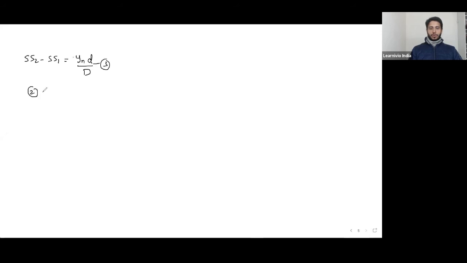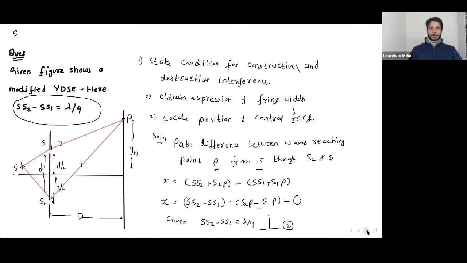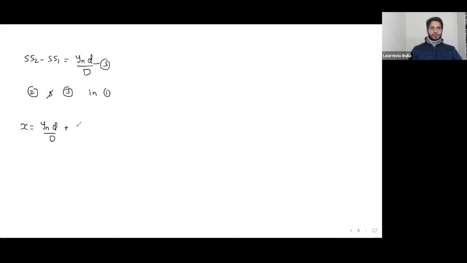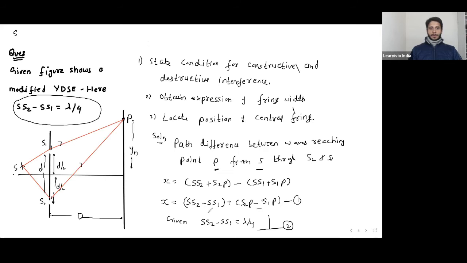So if I substitute both equations 2 and 3 in equation number 1, then we will get that x is lambda by 4 plus yn small d by capital D. This is lambda by 4 and S2P minus S1P.